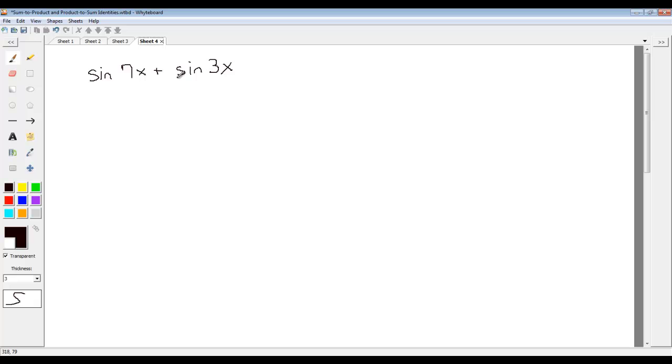Use the sum of the sines. We're going to get 2 times the sine of (7x plus 3x)/2 cosine of (7x minus 3x)/2. So 2 times the sine, 10x over 2 is 5x. Cosine, 4x over 2 is 2x. So you're able to take it from a sum to some kind of product.